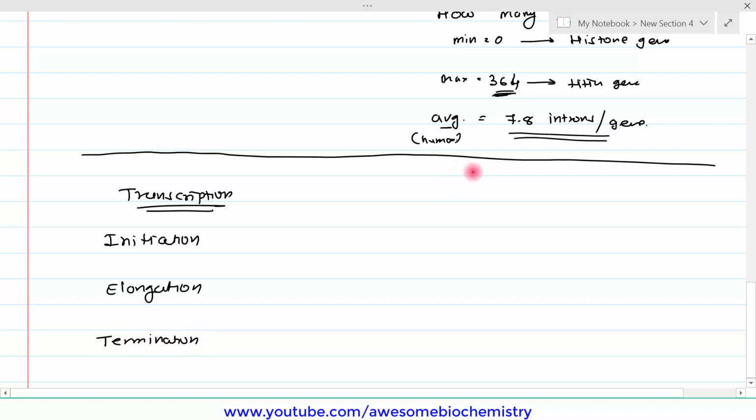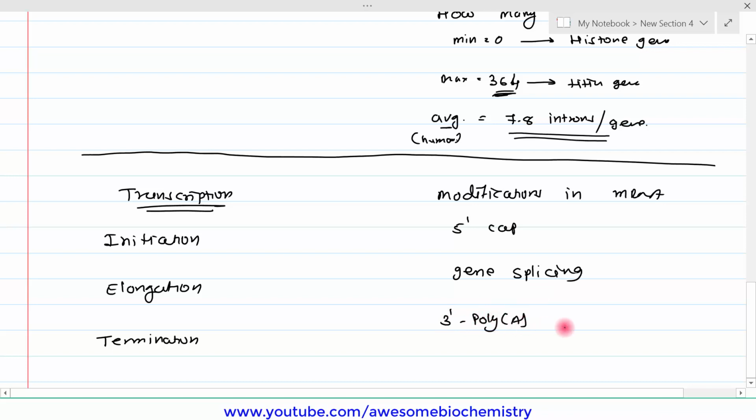And in the case of mRNA, there are certain modifications. The modifications in mRNA are: first, formation of the 5' cap. Then as a second step, gene splicing occurs. And as a third step, 3' poly-A tail formation occurs.